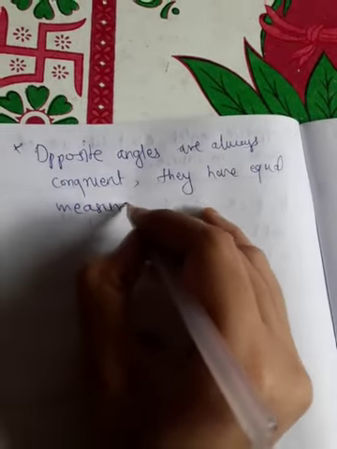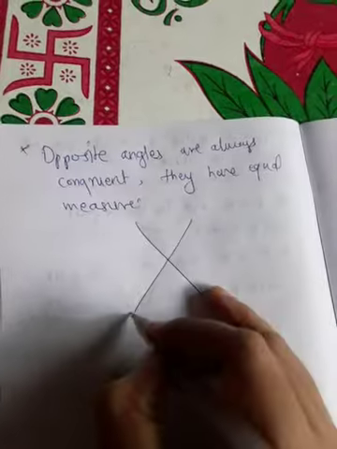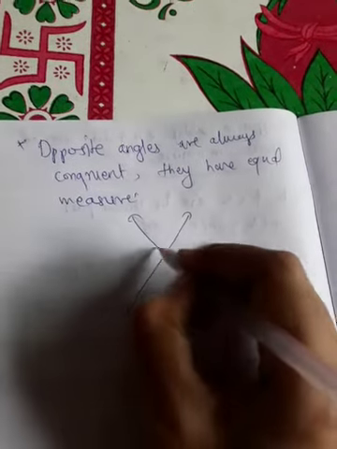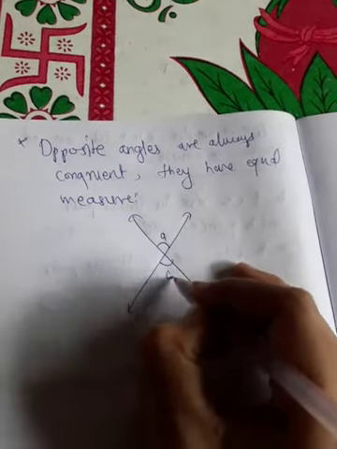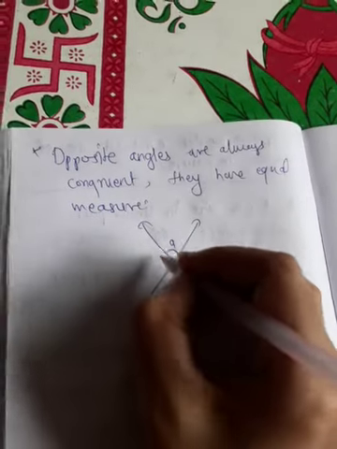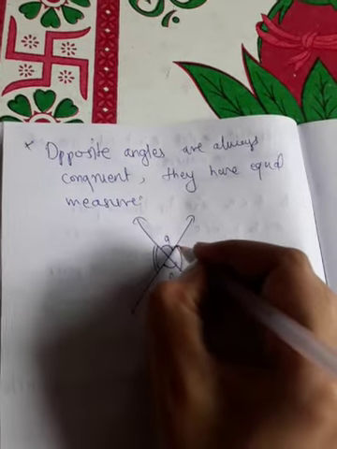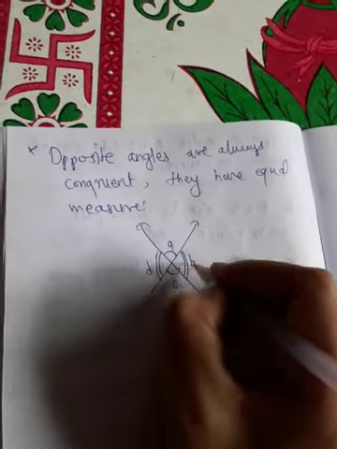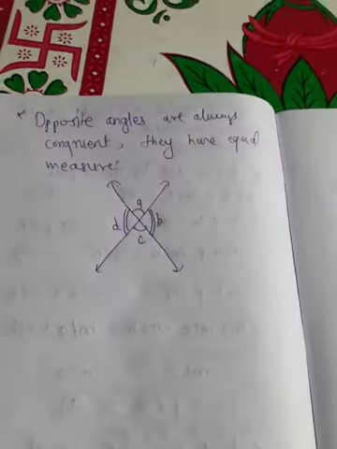So here in this diagram, angle A and angle C, these two opposite angles are equal, and angle B and angle D, these two opposite angles are equal.